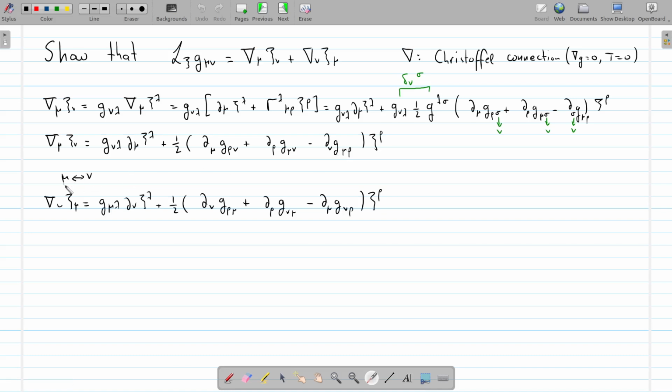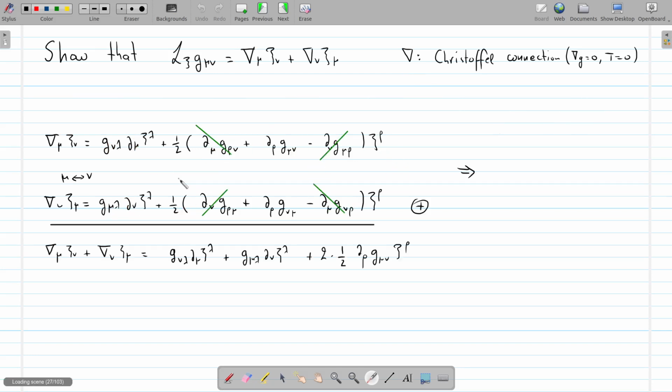Now we have to compute the same thing with the order of indices on the left hand side reversed. All we have to do is to take the right hand side and exchange the role of mu and nu, and then we obtain this relation here. So you see nu here is substituted by mu, and mu is nu, and similarly in this expression involving the metric here. Now we add those equations together. The left hand side will form the right hand side of the equation that we want to prove.